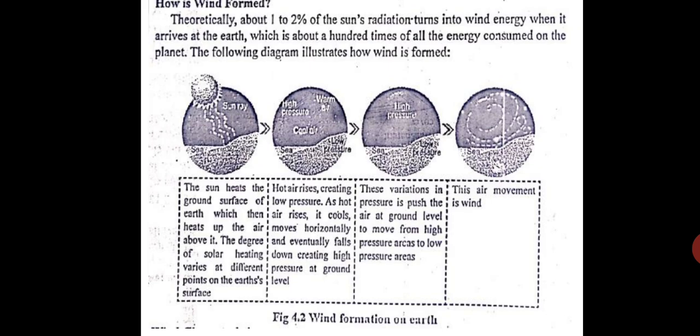These variations in pressure push the air at ground level to move from high pressure to low pressure areas. So this temperature difference causes pressure differences, and this causes the air to move, and this air movement is called wind.